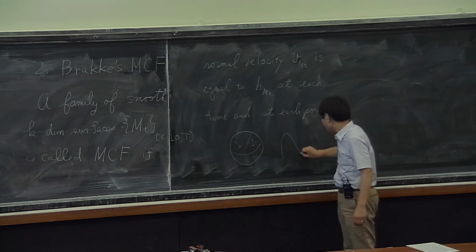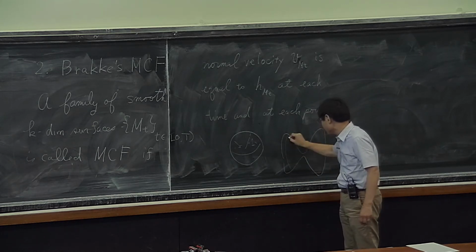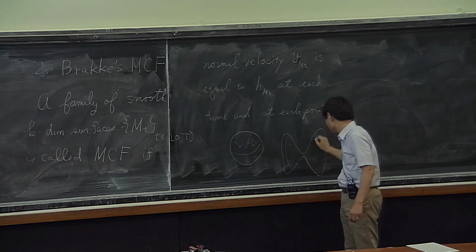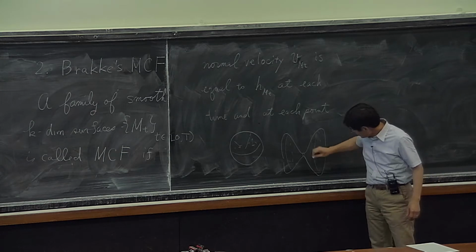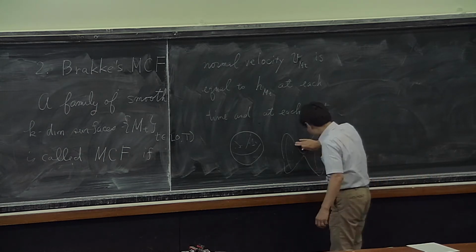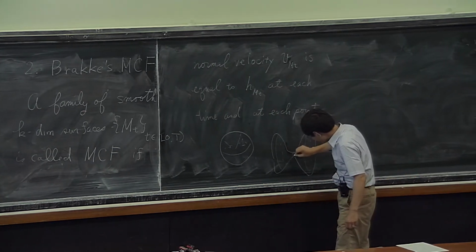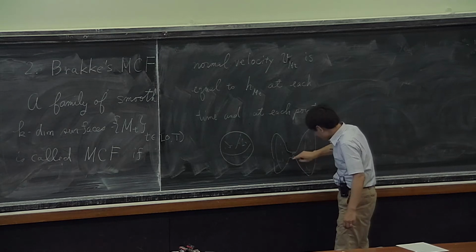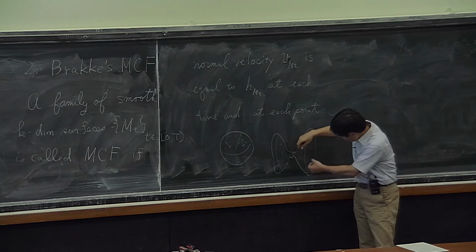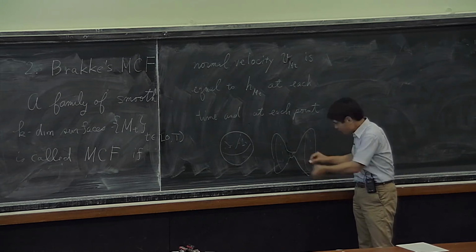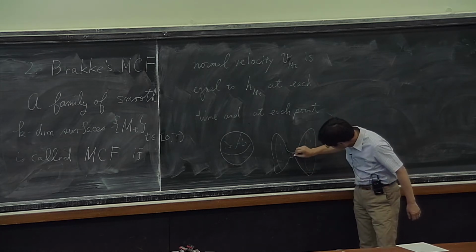Or if you start out with something which looks like this dumbbell shape, maybe I should have a long neck, in this case you have a very strong inward curvature in this thin neck.